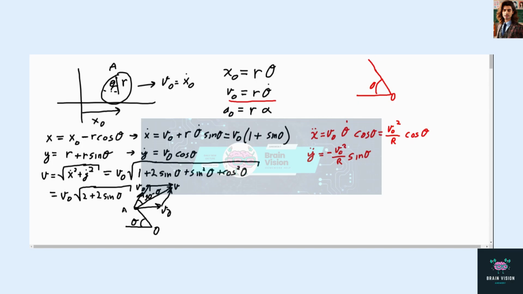We have our x double dot to the right. Sorry, that's not writing well. Let me erase that and rewrite that. x double dot, and we'll have our y double dot down. And we'll see then that we have that same angle theta there, and our resultant acceleration is straight inward.